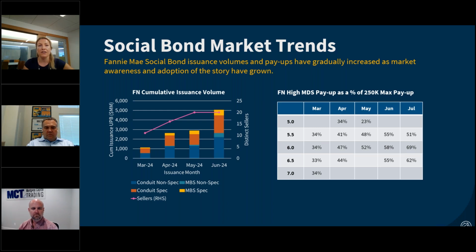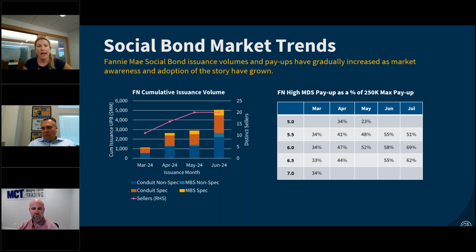But the way that we're thinking about this in terms of the incremental volume of specified pools that this framework enables is what we've been referring to as high MDS pools. And so these are pools that are comprised of loans that would have gone into a generic, non-spec security, and they wouldn't have qualified for an existing spec story, so they likely wouldn't have gotten any payup.